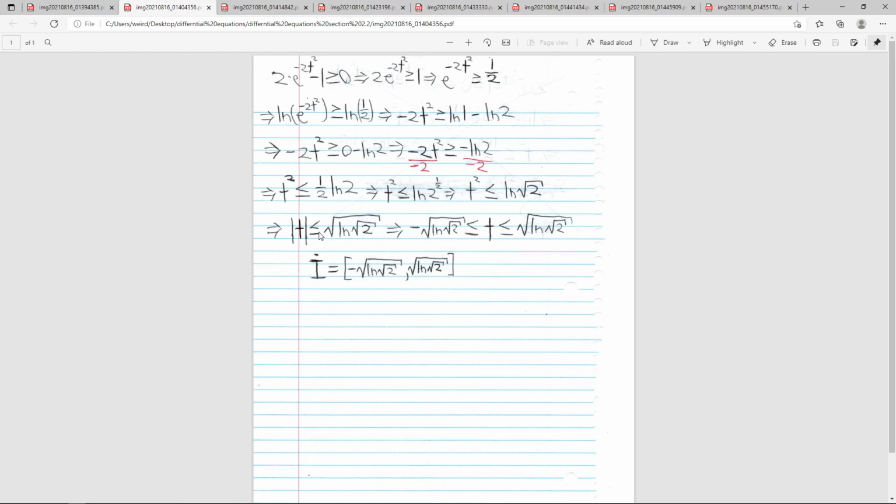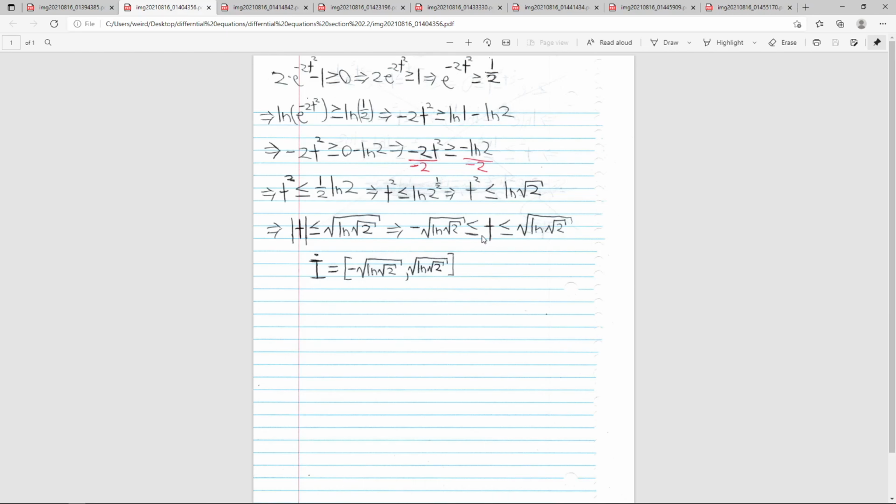So if the absolute value of t is less than or equal to square root of ln square root of 2, then the negative square root of ln square root of 2 will be less than or equal to t, which is less than or equal to the positive square root of ln square root of 2. And we get this as our interval. The reason is, positively it's t, and negatively you swap the sign when you divide by negative.